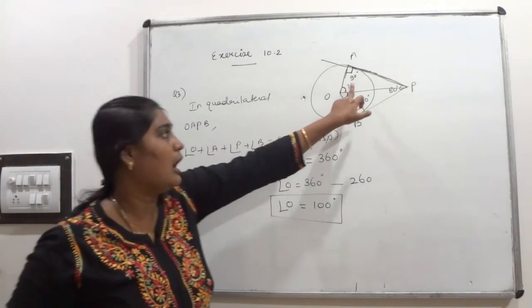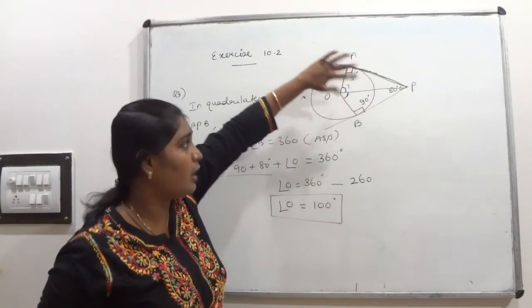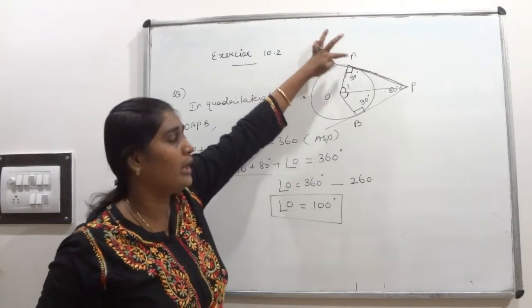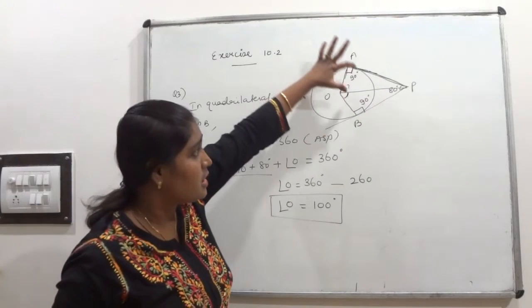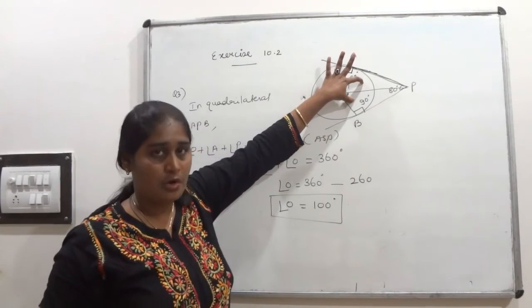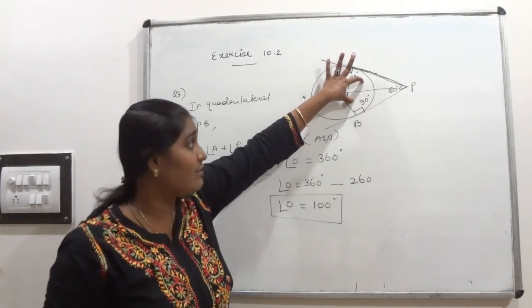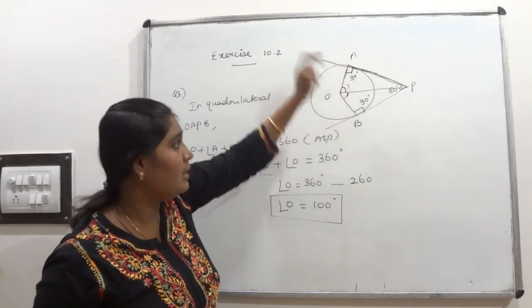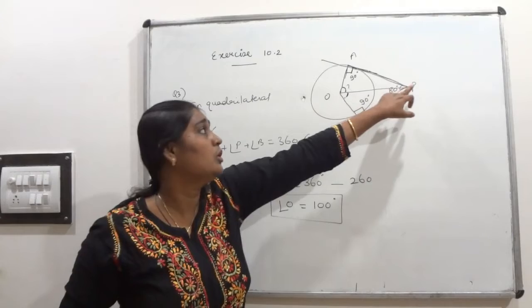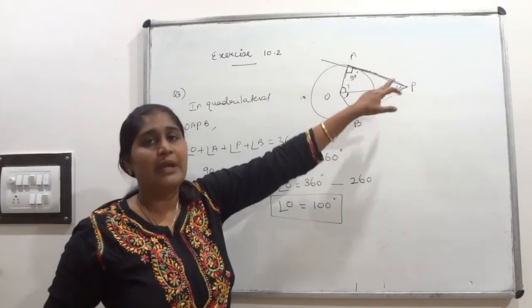I need only half of it. I already told you how it becomes so. Angle POA is half of angle O. When you take these two triangles, show the congruency. After the congruency, we can tell that these two angles will be equal. That means angle O is equal to 2 times angle POA.